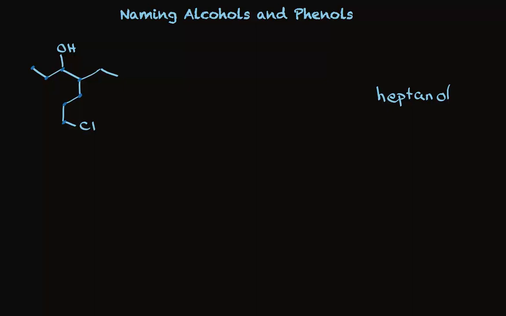Now we need to name the substituents and place them out in front. Check it out. We have a chloro substituent here, and we have an ethyl substituent here. So this is C, this is E. We'll put the chloro ahead of the ethyl.